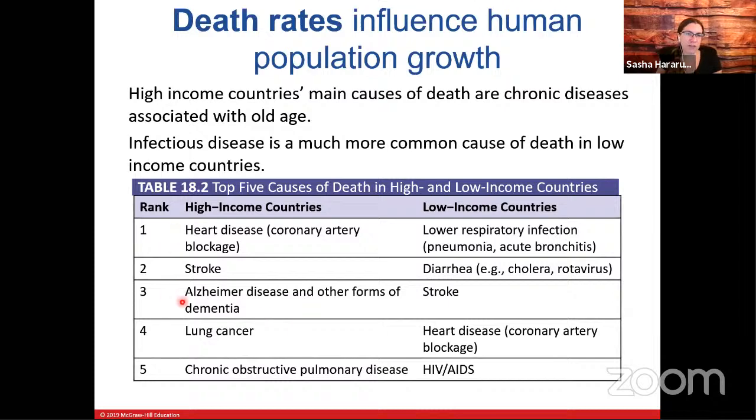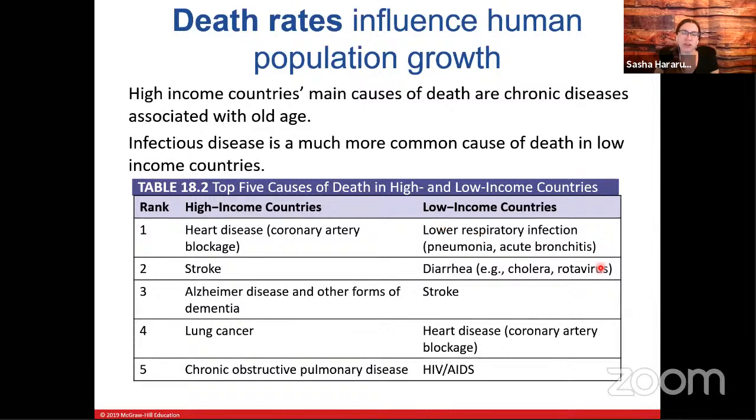So the top three causes of death in high income countries are diseases associated with old age and diet. Number four is lung cancer, which is associated with smoking. And number five is COPD, chronic obstructive pulmonary disease, which also often results from smoking. So it's basically lifestyle and old age diseases or causes of death.